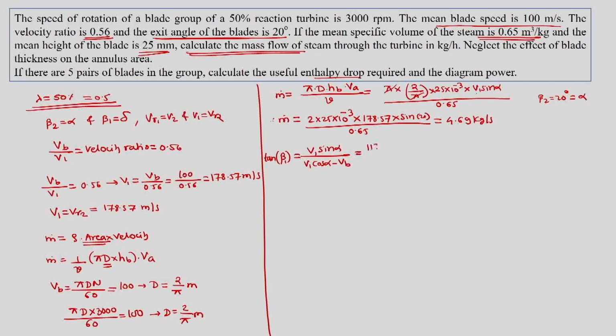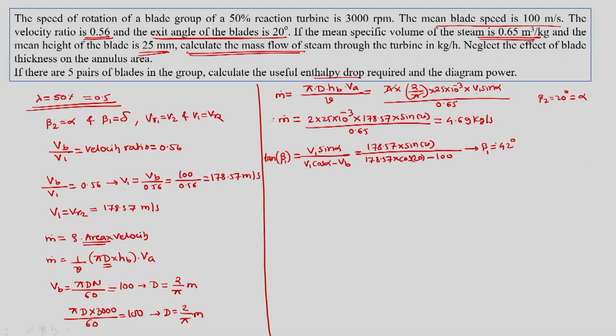So we know V1: 178.57 into sine 20 divided by 178.57 into cos 20 minus VB, and VB is equal to 100 meters per second. So this gives us beta 1 as 42 degree.